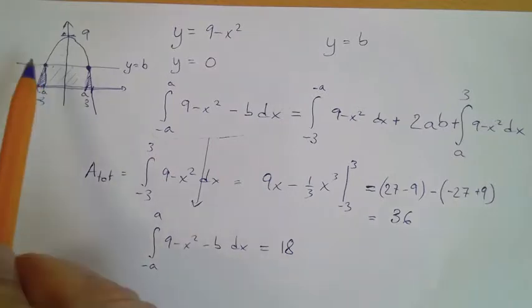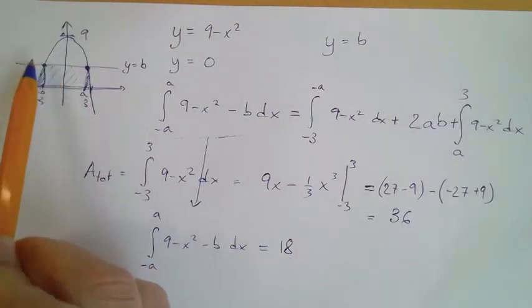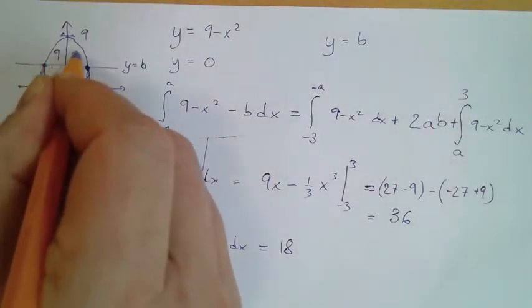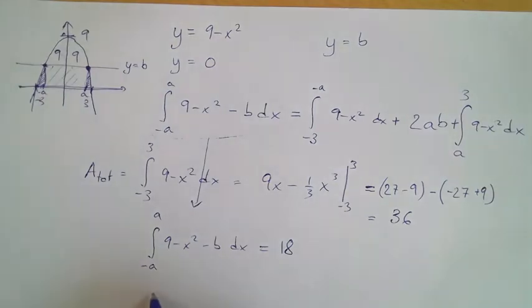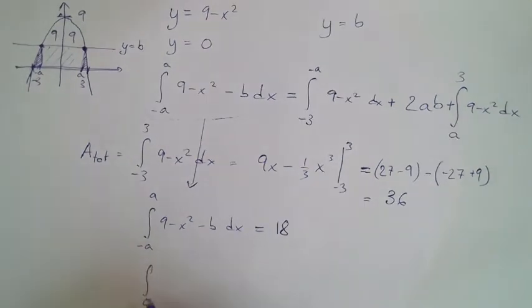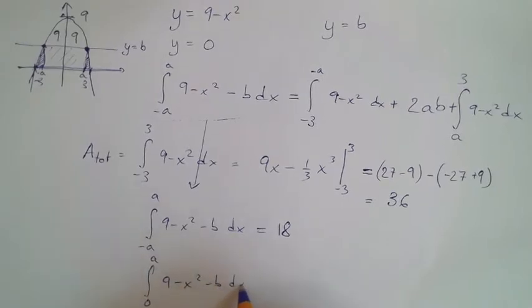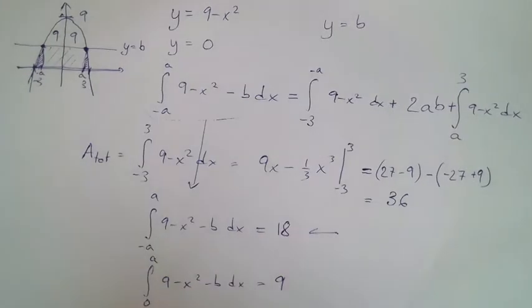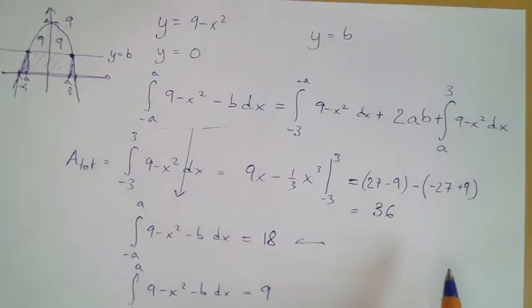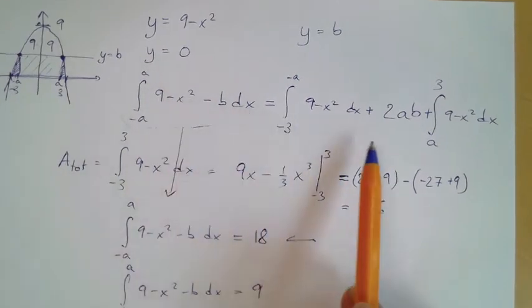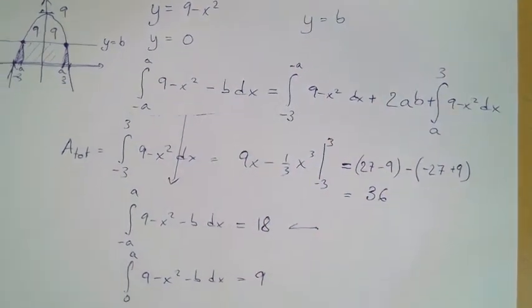What I mean is, if this area is 18, it's 9 and 9. So we can rewrite this and just say we're going to integrate from 0 to a, and I need that to be equal to 9. It's not necessary. If you go with this, it's perfect. If you go with what we had up here, it's perfect. It just might be a little longer.